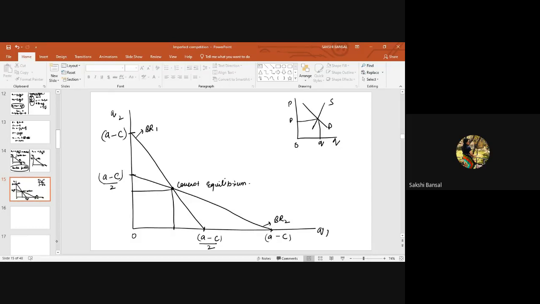And the answer is what? The Cournot equilibrium. I'm just putting all the things in my diagram, nothing else. Clear?